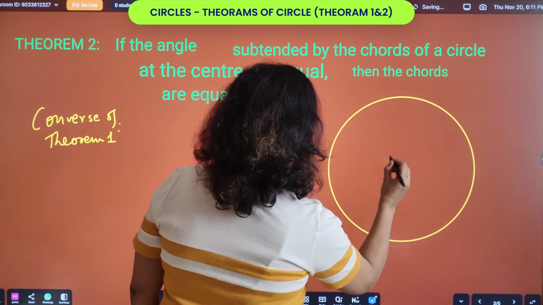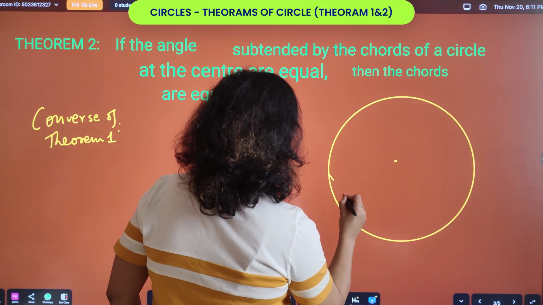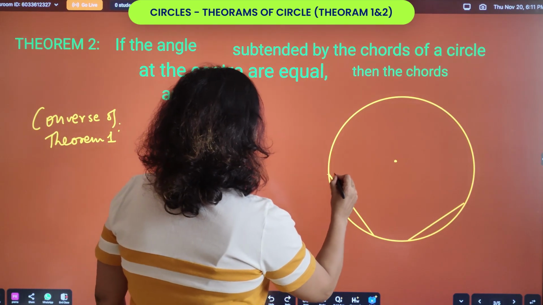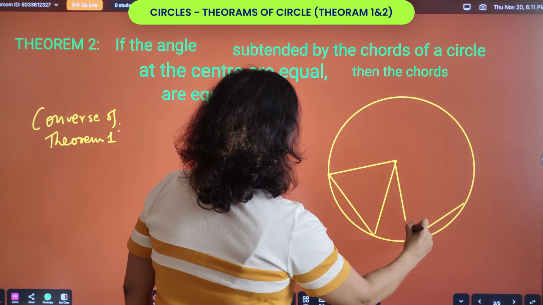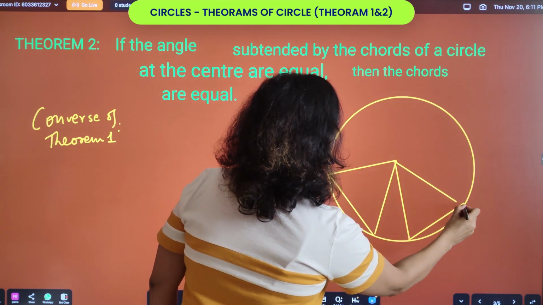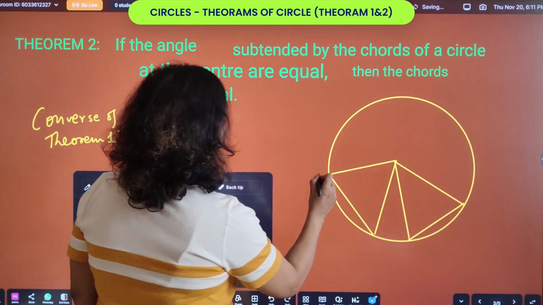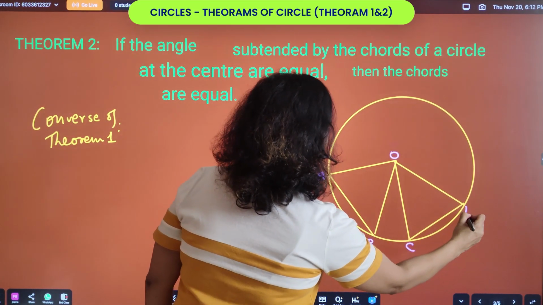If you consider this as the center and we make two chords, one chord here and one more chord, and we join them. Let's name it: this is AB, this is center O, this is CD.